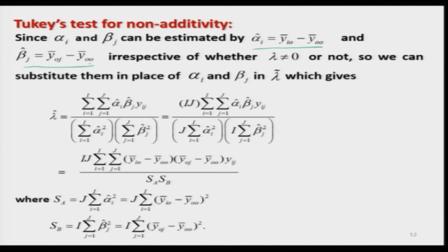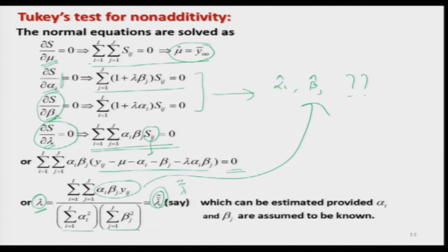What is the meaning of externally? Here you started using the principle of least squares. In this case you have obtained the value of lambda, but that is known to us only when the values of alpha_i and beta_j are known, and since they are unknown, you cannot find the value of lambda.